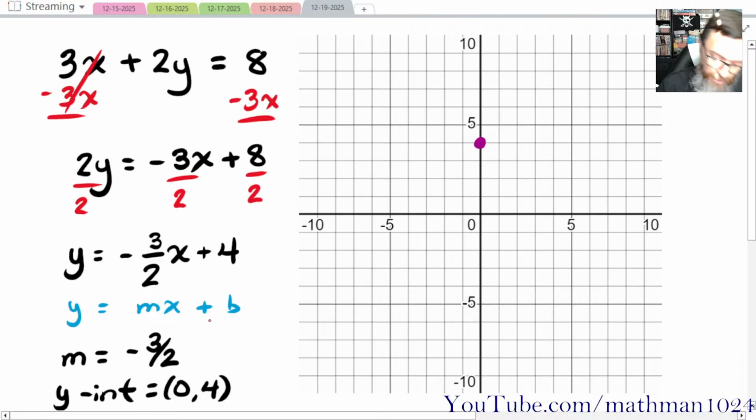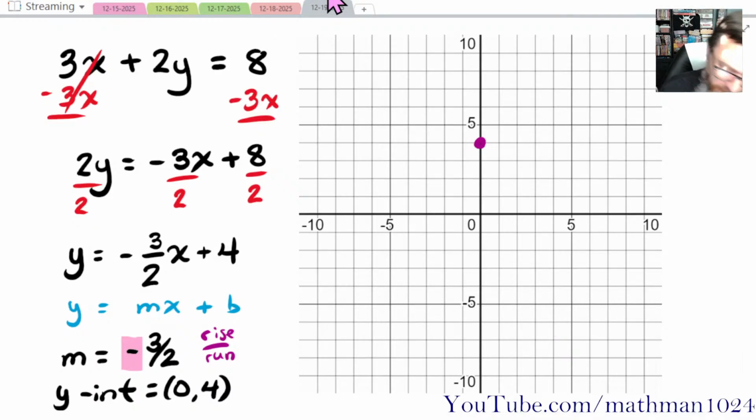And now we use the slope. Remember that the slope is rise over run. Also keep in mind that we have something that is negative. A negative slope means that as I go from left to right, I'm going to be going down.